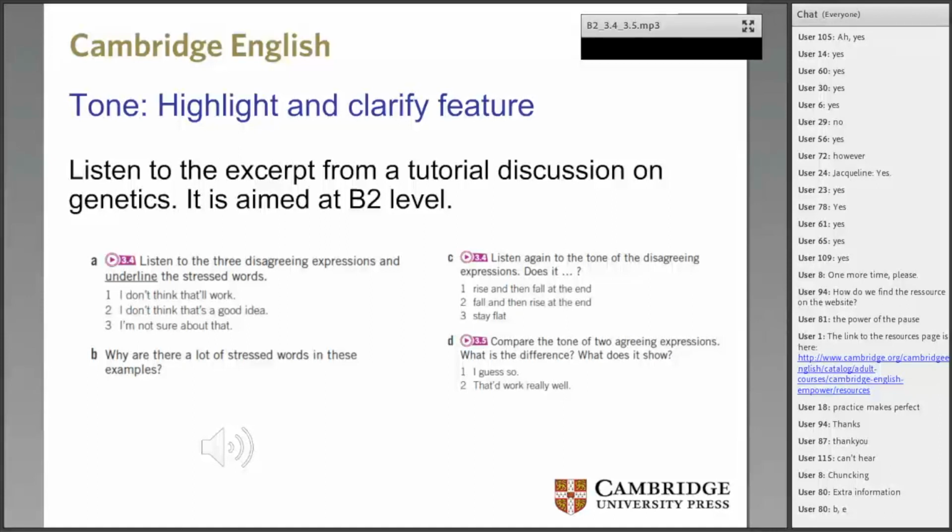So you're going to hear, in fact, 5 utterances. So you'll hear the first 3 examples under A, and then the 2 examples under D, so that'll work really well. And so again, the students are listening for stresses and tone and the differences, particularly with D, between the two examples. So I'll play this audio file.